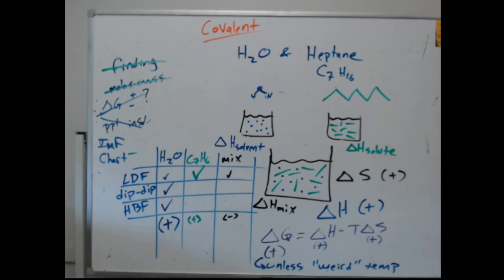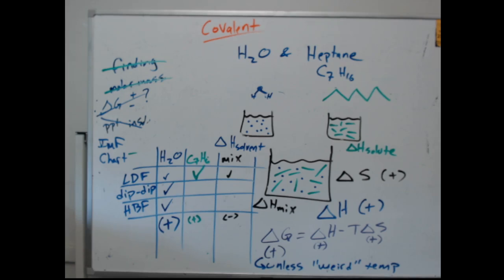That's for covalent compounds. So some of the important differences. For ionic compounds, we really couldn't say much about delta H or delta S, but it was easy for us to experimentally observe delta H and delta G by saying whether it was soluble or insoluble and seeing whether the temperature went up or went down. And that allowed us to figure out what was happening with delta S by making experimental observations.